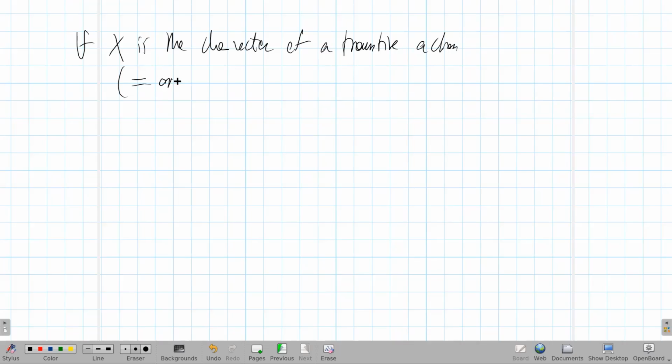So if chi is a permutation character, the character of a transitive action, 1 orbit, then this character is equal to 1 plus psi, where the inner product of 1 and psi equals 0.